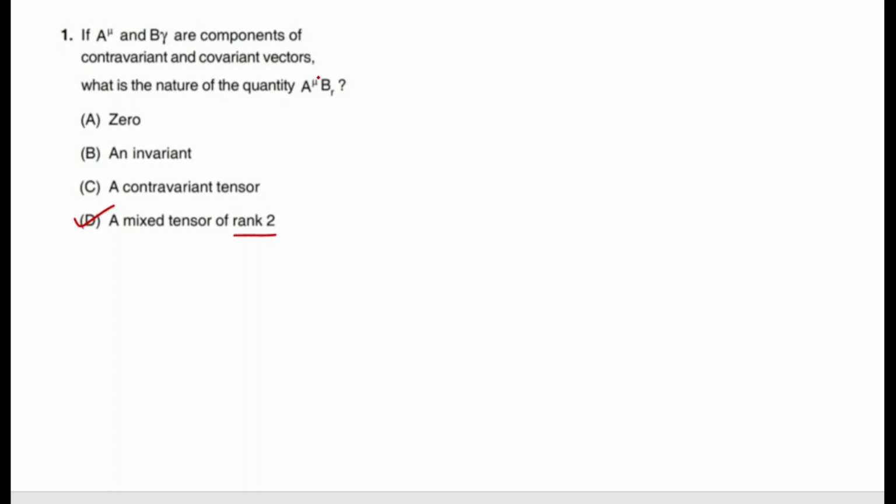Why rank 2? Can you see the indices, that is mu and here it is r. Here they have mentioned gamma. So it is A mu and B gamma. What we call these, mu and gamma, are the indices. This mu and gamma are two different indices, right?